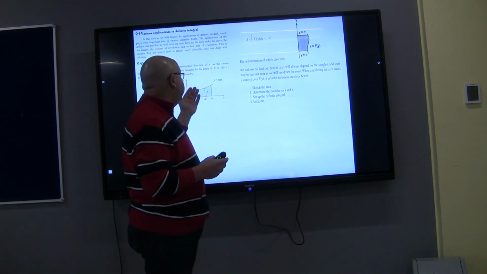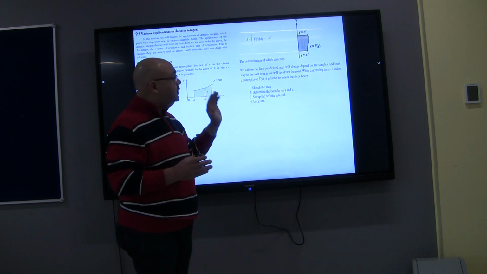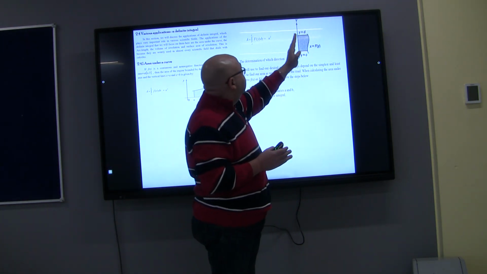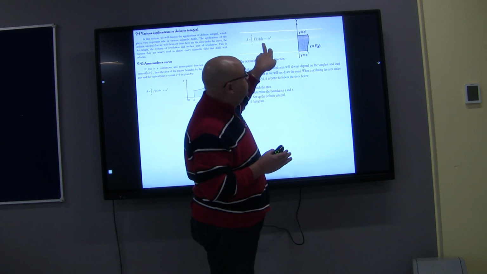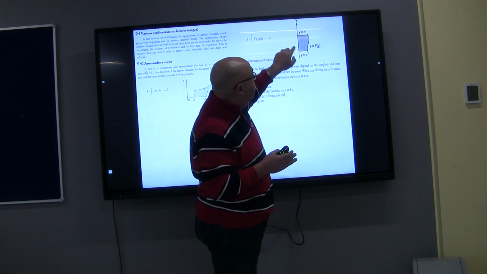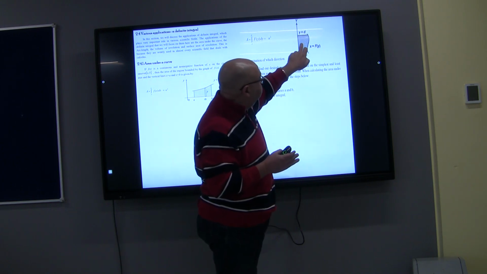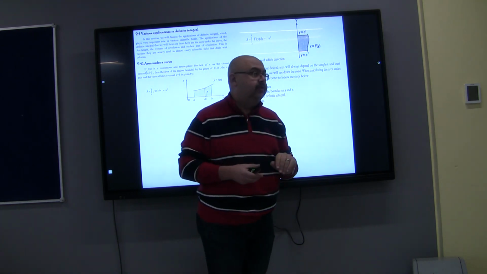You can take integration with respect to x, or get x as a function in y, and instead integrate with respect to dy from c to d, and you will also get the area covered between the curve or the function and the axis of integration.